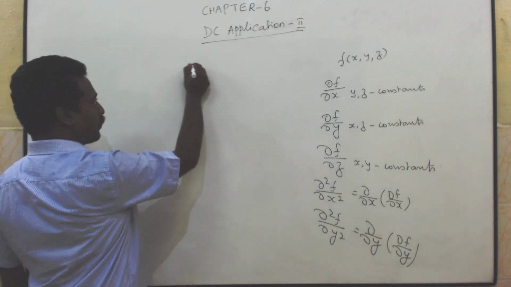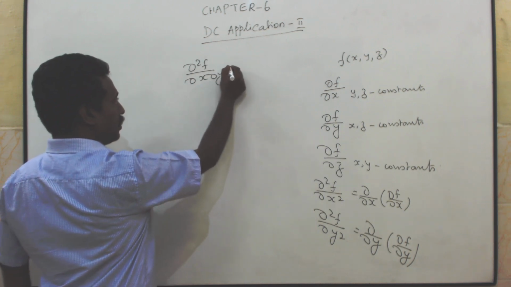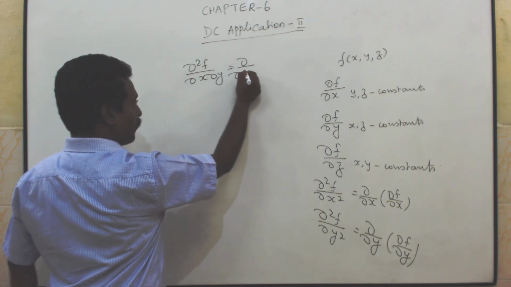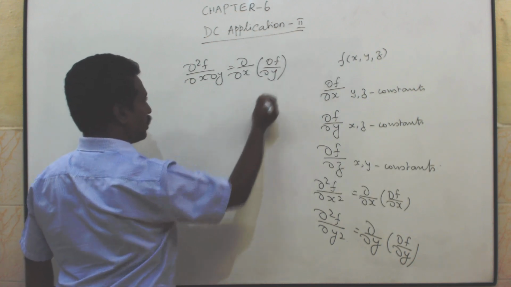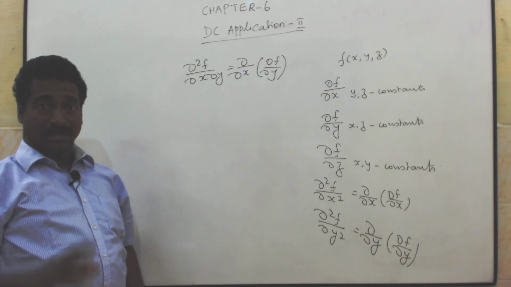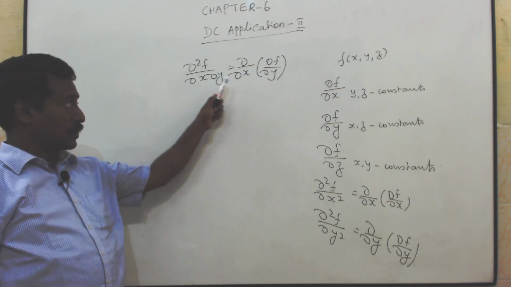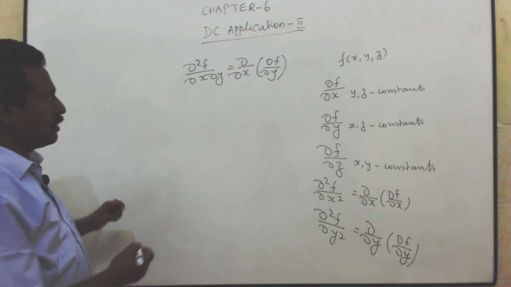Suppose dou square f by dou x dou y, dou by dou x of dou f by dou y. First you have to differentiate with respect to y. That answer differentiate with respect to x. What type of differentiation? Partial differentiation.